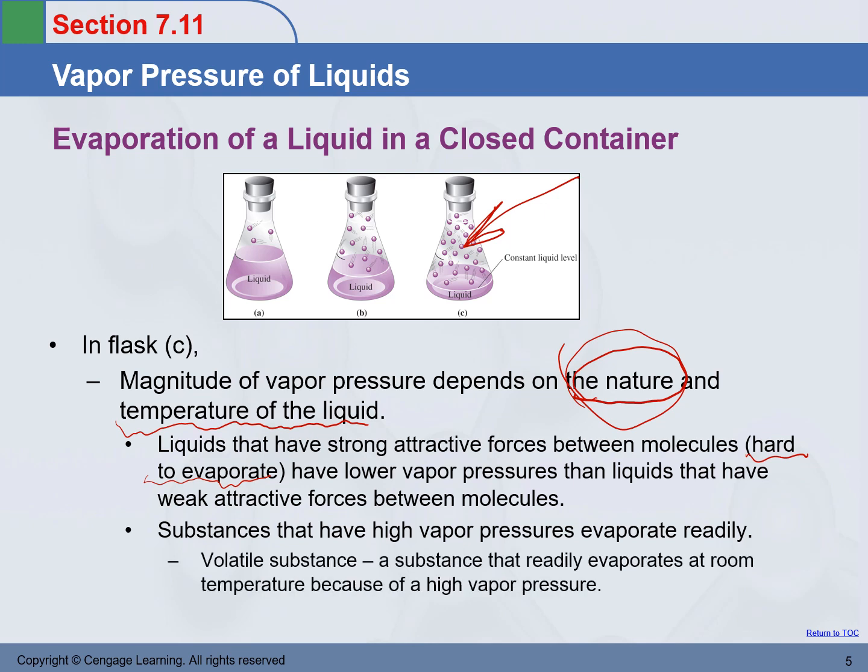Then here comes the definition of volatile substance: a substance that readily evaporates at room temperature because of a high vapor pressure. Volatile substances have high vapor pressure.